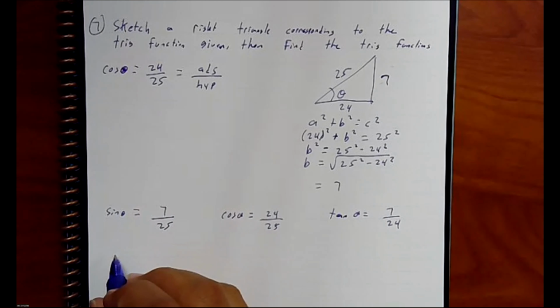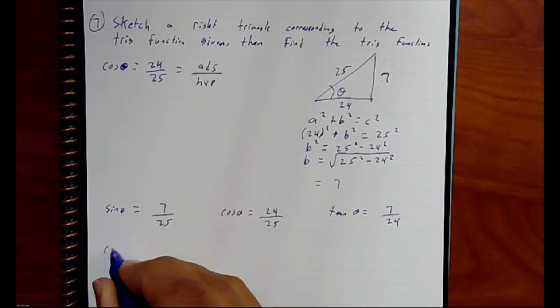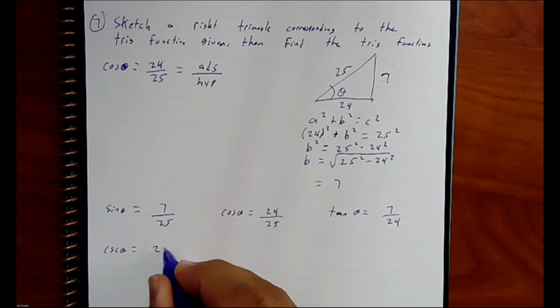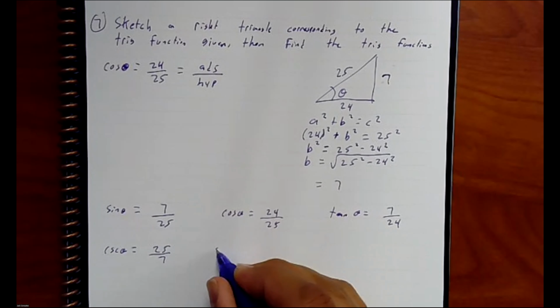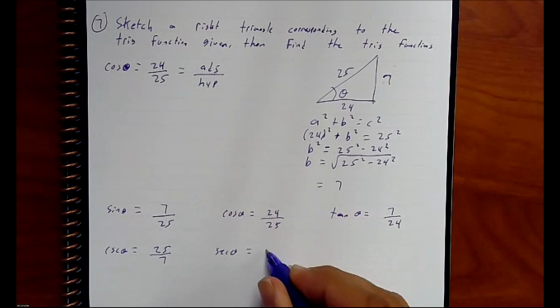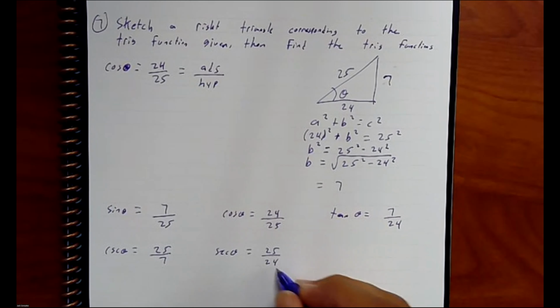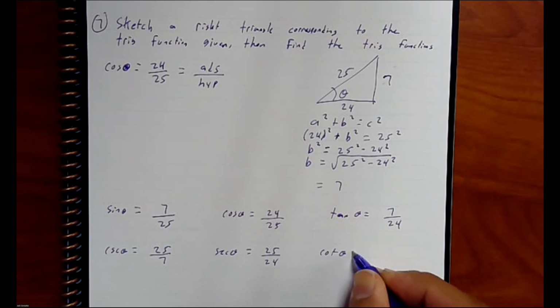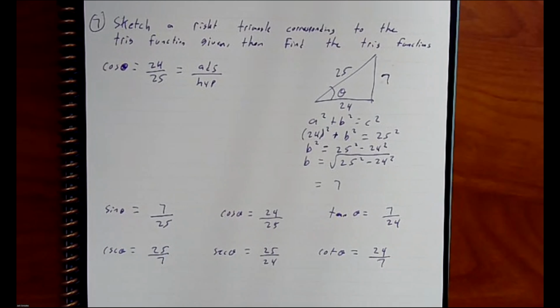Now do the reciprocals. So cosecant is 25 over 7. Secant is 25 over 24. Cotan is 24 over 7. Any questions on any of these steps?